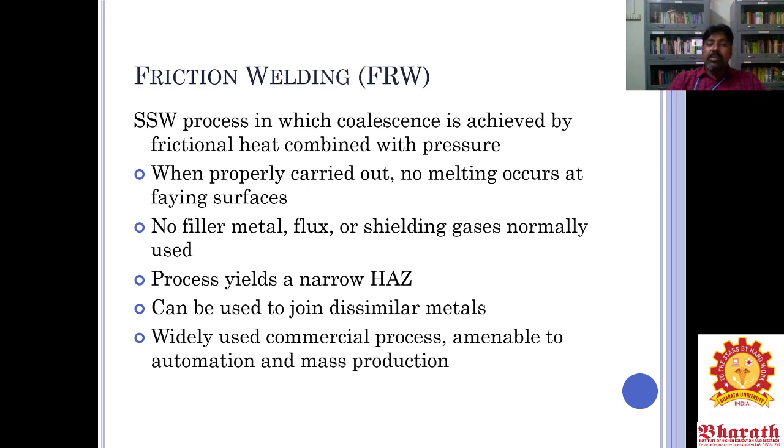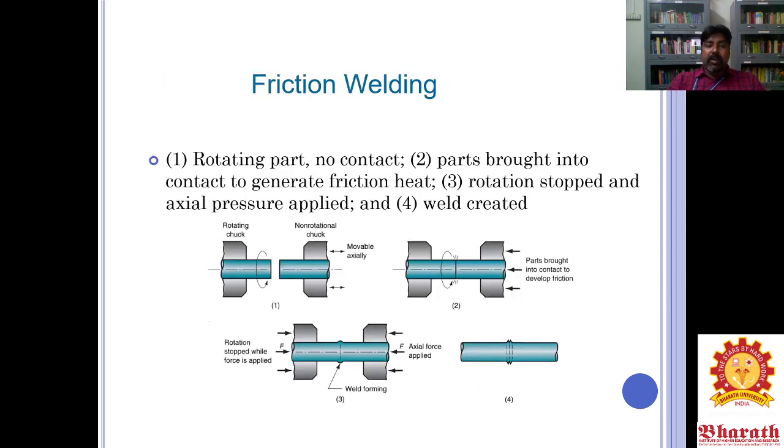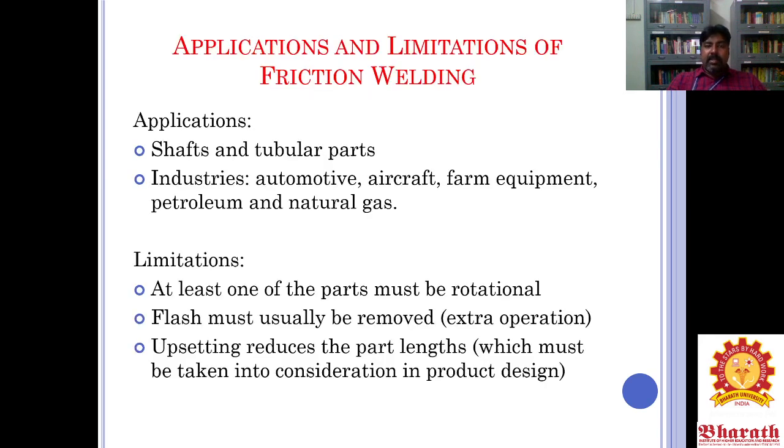It can be used for joining dissimilar materials, and it is widely used for commercial processes, automation and mass production. So this is friction welding, and these are its applications and limitations. Generally the application is for shafts and tubular parts, and there may be some limitations.